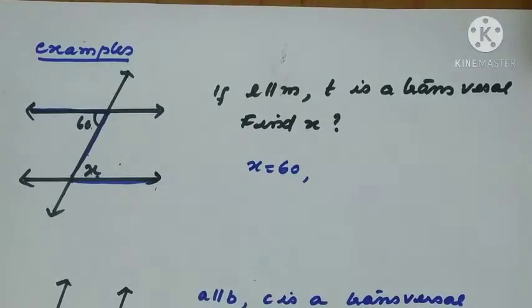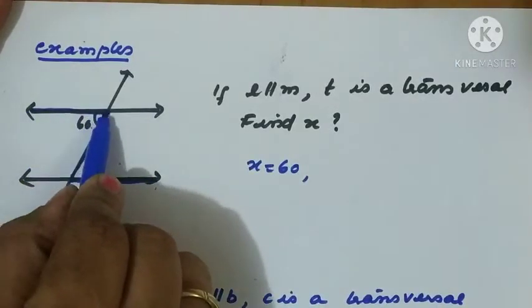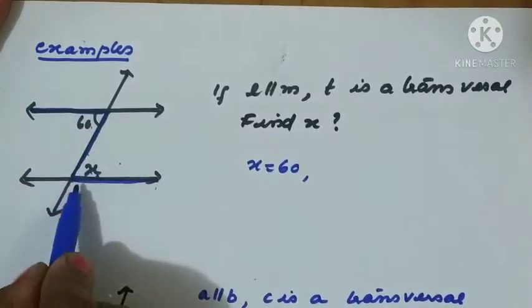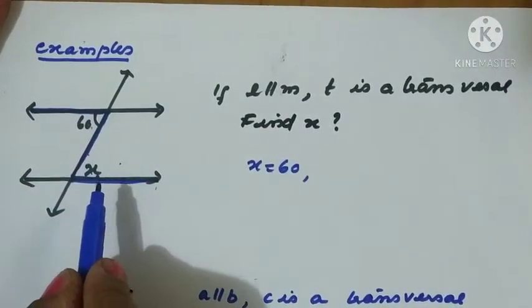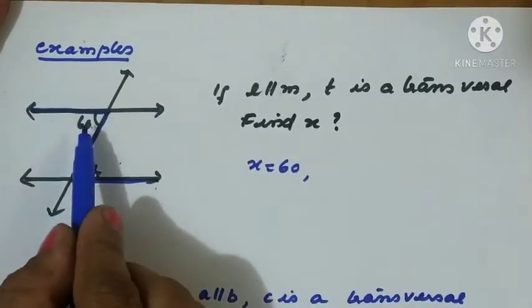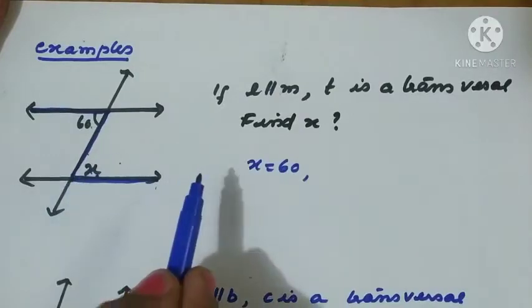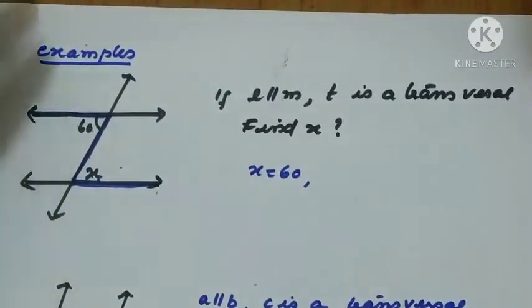Here in the diagram, 60 and X are alternate interior angles. Let us start with the 60 angle and then complete with X. You will get a Z shape there, that is alternate interior angle. Otherwise also, 60 and X are interior angles only, and 60 is on one side and X is on the other side, so they are called alternate interior angles.